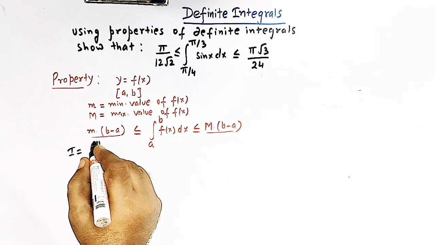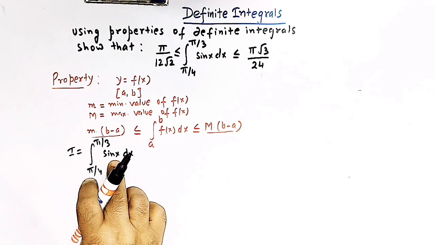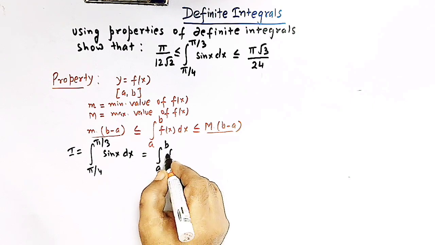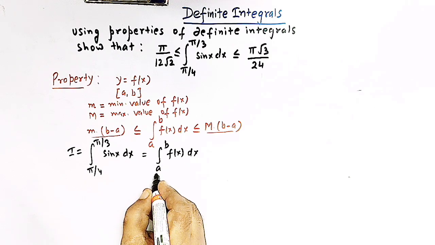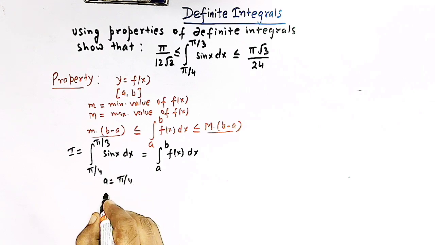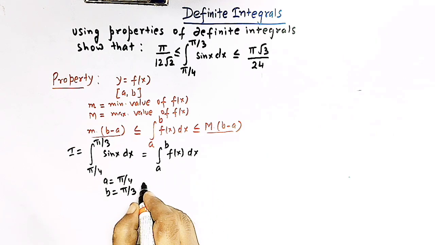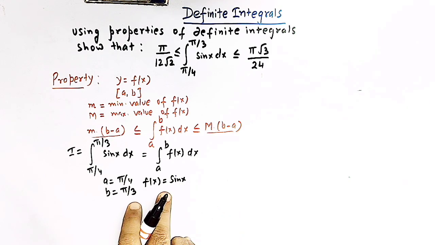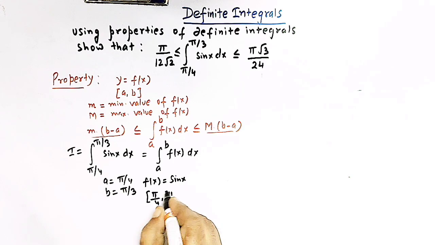So here we have this integral, and if we compare this integral with this one, that is from a to b f of x dx, then we can easily see that the lower limit a is pi by 4, the upper limit b is equal to pi by 3, and the function f of x is the sine function, which is a continuous function in the interval, that is pi by 4 to pi by 3, right?